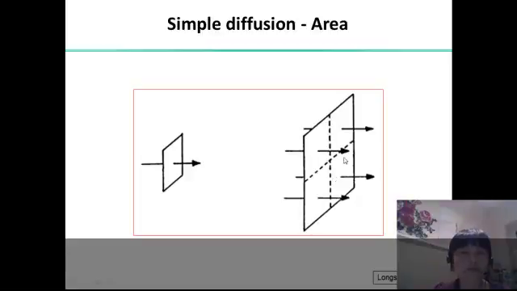The bigger the area, the higher the speed of movement. This is easy to understand. For example, if you are crossing a river by swimming, the longer the river bank is, the more people can swim at the same time, so more people would be able to cross the river at the same time.